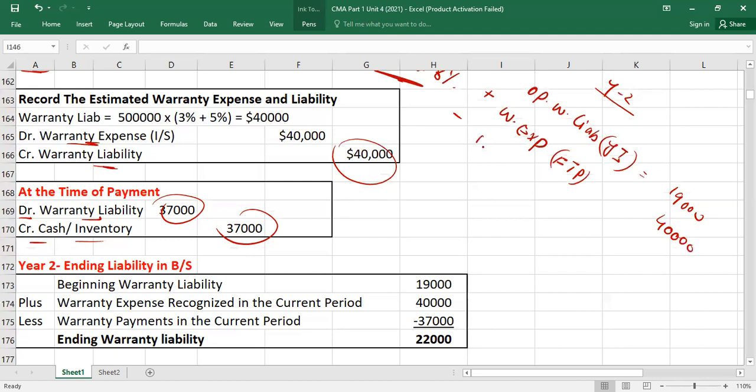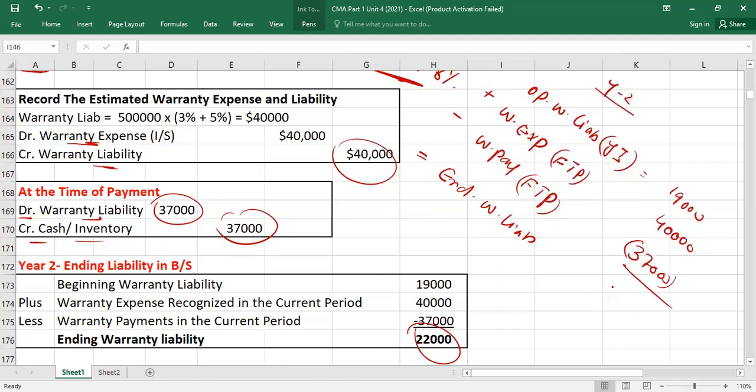You have to deduct warranty payments for the period. Warranty payments are how much? 37,000, right? 37,000. You will deduct. So the remaining balance will be what? Ending warranty liability. How much? 22,000. Clear? In your exam, mostly we will ask you the question from these equations.